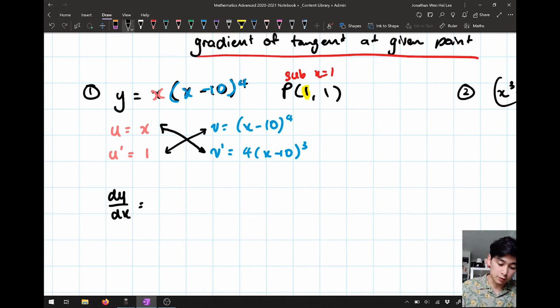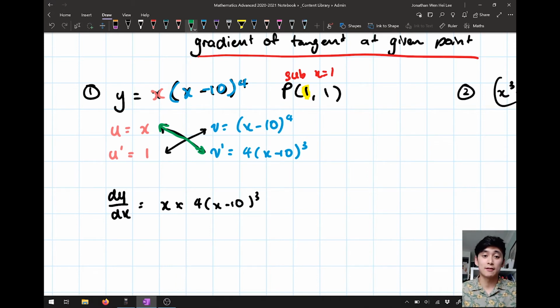So here, I'm just going to go x times 4 x minus 10 to the power 3. So that's this first arrow going from x to 4 times x minus 10 to the power 3. Plus the other arrow, 1 times x minus 10 to the power 4.